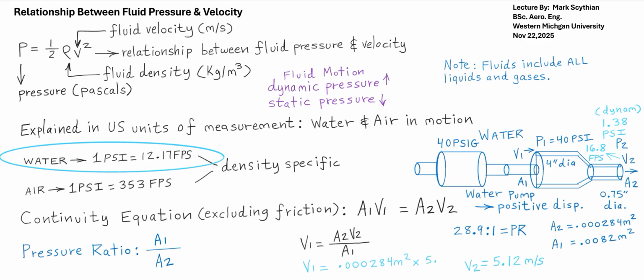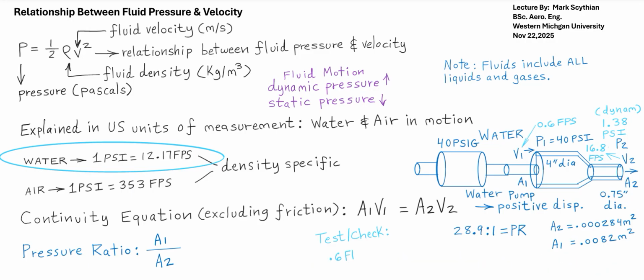So again, our V1 inlet velocity is the cross-sectional area at 2 times V2 divided into A1. So we calculate 0.18 meters per second, and we convert that back to feet per second, 0.6 feet per second.